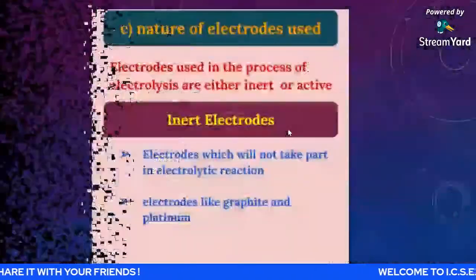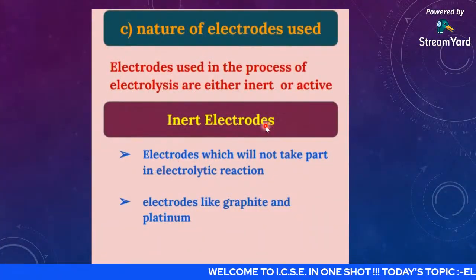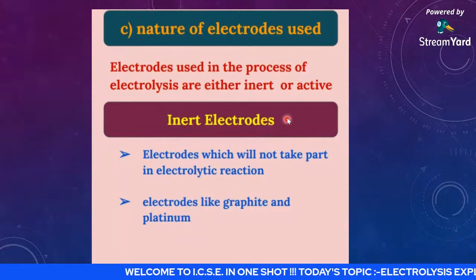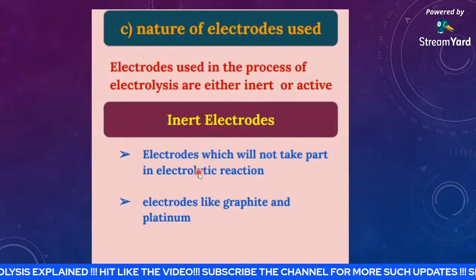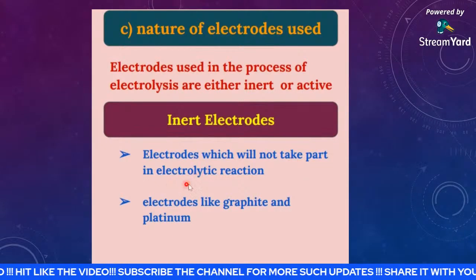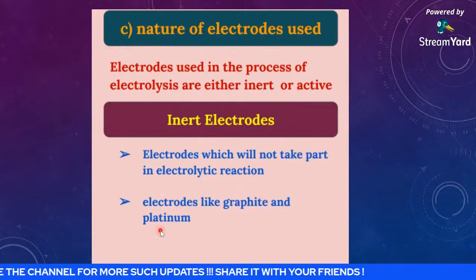Now, the nature of electrodes used. This is very important. There are inert electrodes and active electrodes. So let's understand that. Inert electrodes are electrodes which will not take part in the electrolytic reaction, like graphite and platinum.